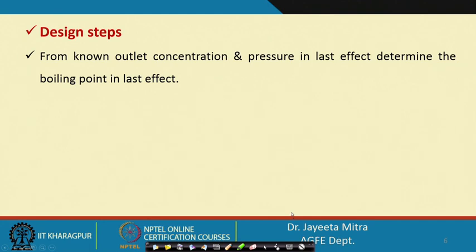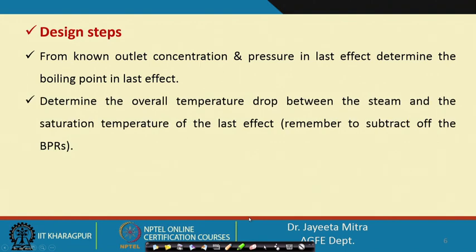From the known outlet concentration and pressure in the last effect, determine the boiling point in the last effect. Then determine the overall temperature drop between the steam and the saturation temperature of the last effect.